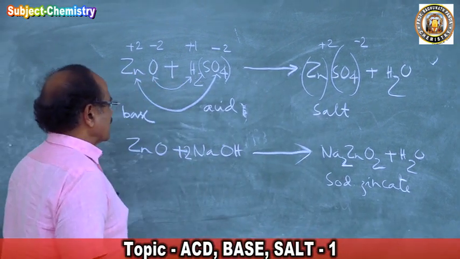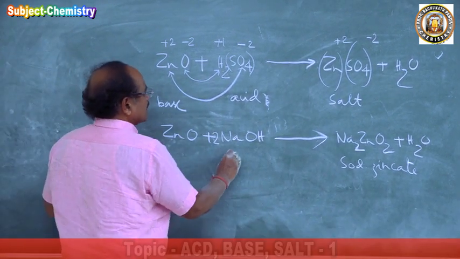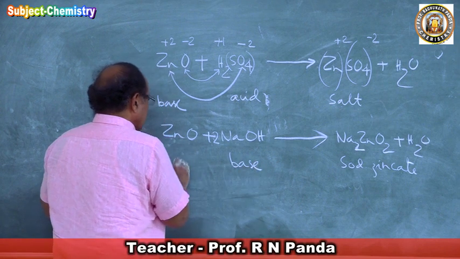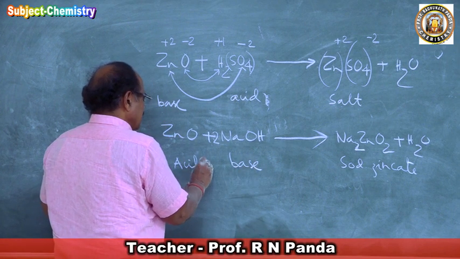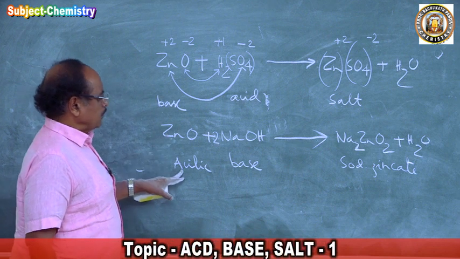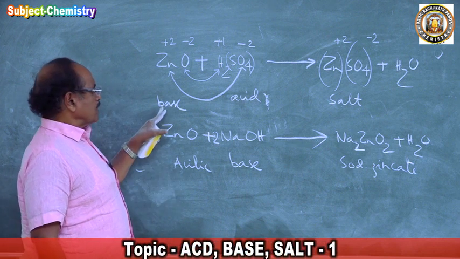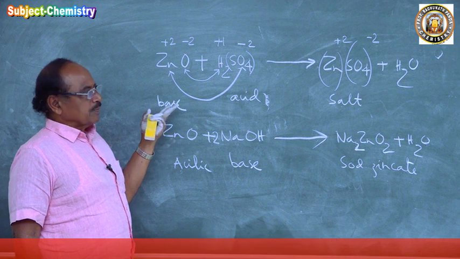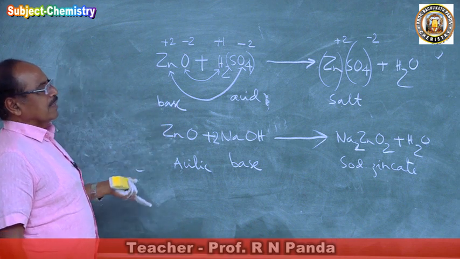So this is a base, and what must this be? This must be acidic. So zinc oxide is exhibiting acidic property, and is also exhibiting basic property. So all the oxides form this.